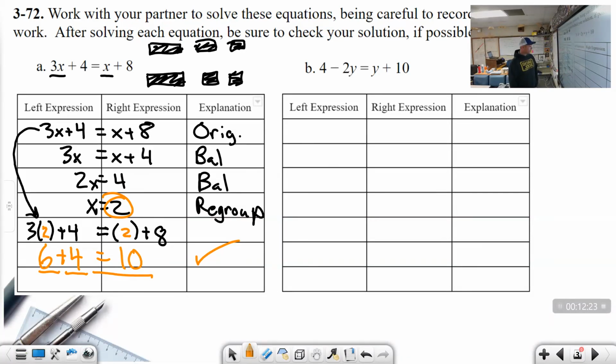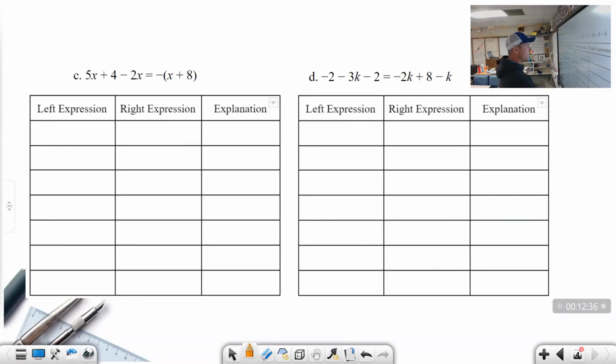I got it right. Notice that there's a way for you to check your work and get it right every single time. So the rest of your work today, you are going to do B, C, and D the exact same way.